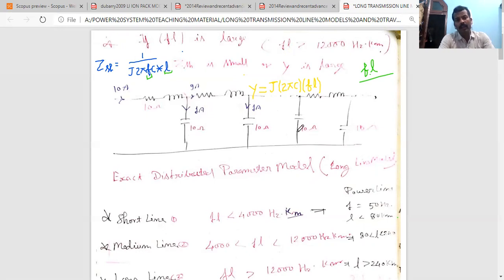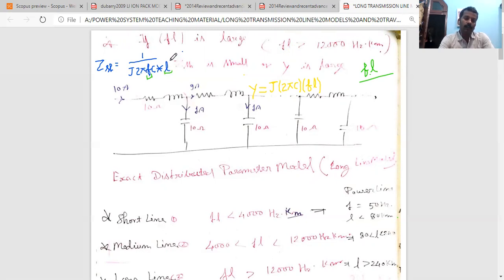And you know that the impedance of the shunt path will be equal to 1 upon j 2 pi f c into L, right?